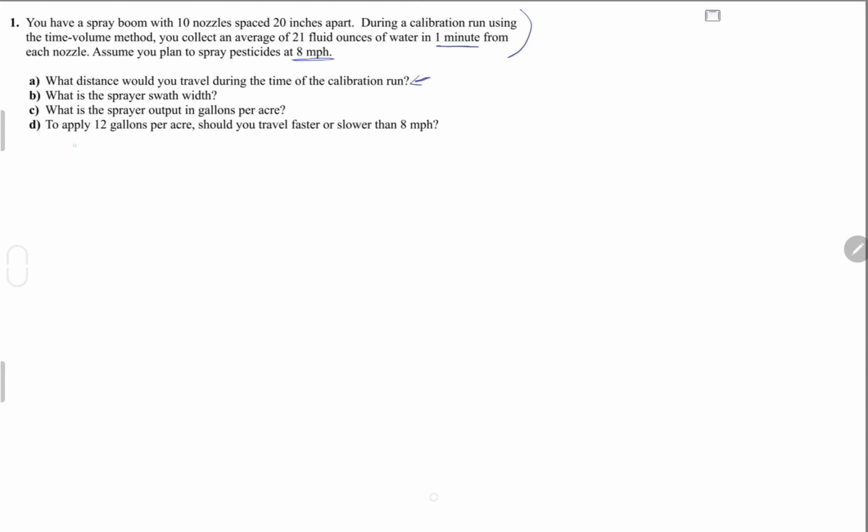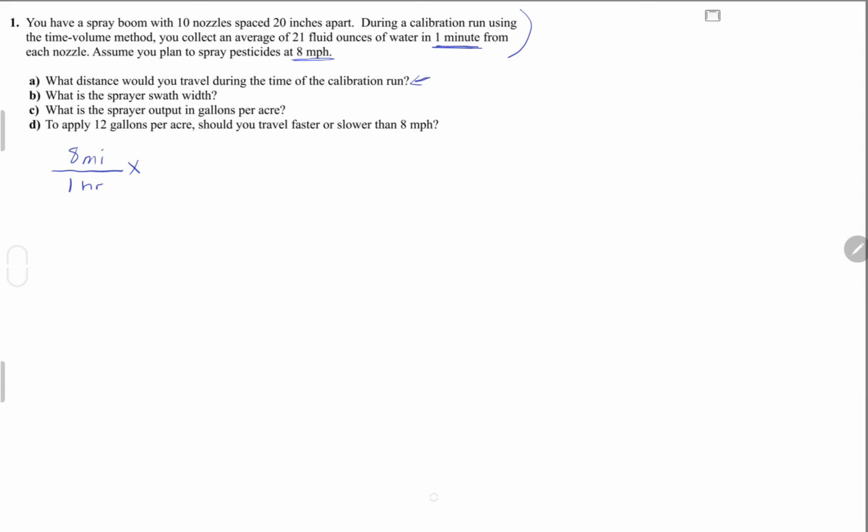And so again, starting with what we know, that we are supposed to be traveling at 8 miles per hour. And we also know that our calibration run lasted 1 minute. And so that's actually fairly straightforward for this one.